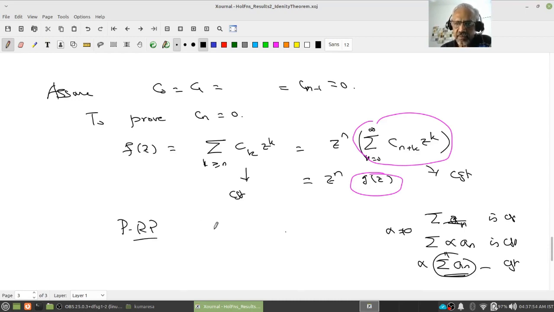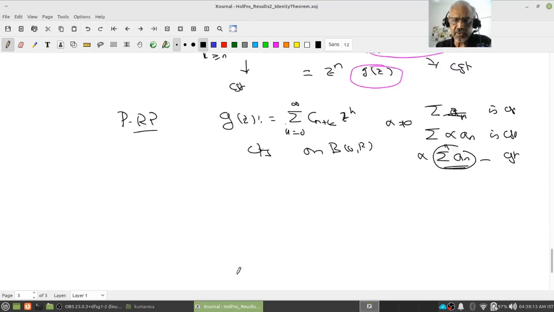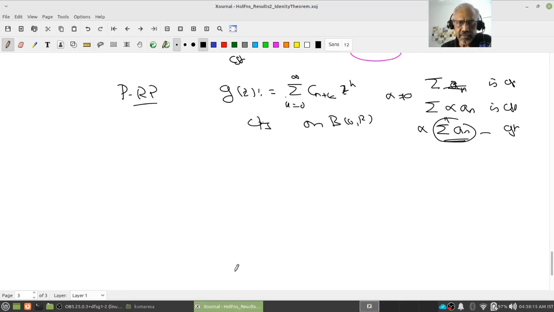And therefore, g(z), which is equal to the summation of the series C(n+k) z^k from k equals 0 to infinity, is continuous on B(0,R). It may even converge on a larger set, but at least on B(0,R). Now what is it that I want to prove? I want to prove Cn is 0.